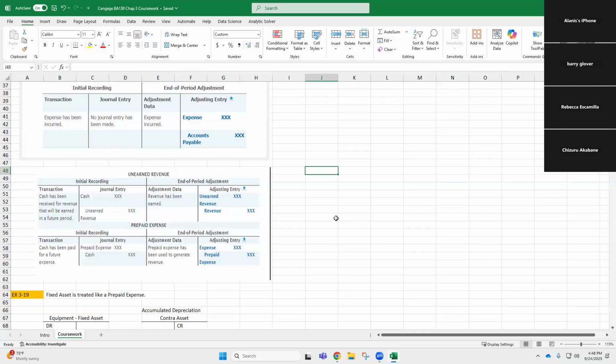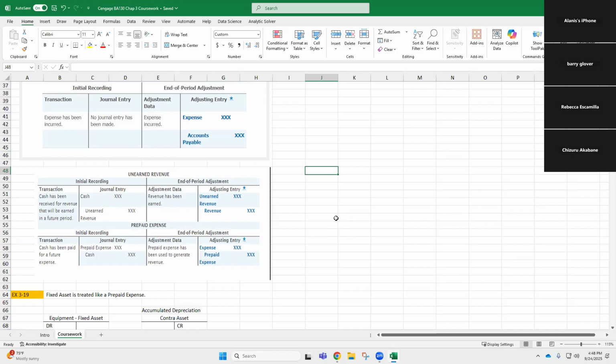This is on page 127 in your book, if you want to look at it that way. So let's just flip the page. Accounts receivable received an adjustment. Supplies received an adjustment. Those are both assets. Prepaid insurance received an adjustment.